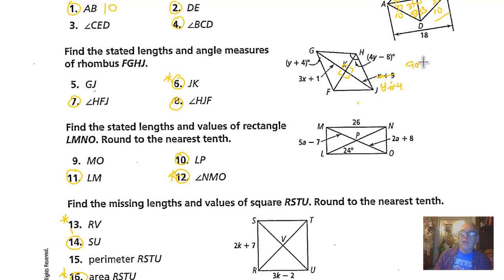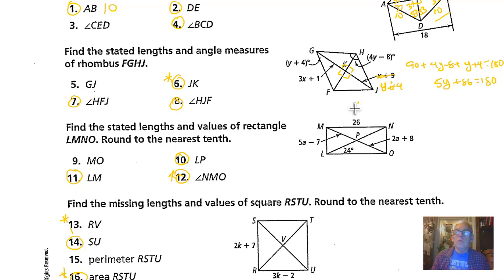So we could do 90 plus 4y minus 8 plus y plus 4 equals 180. So let's see, 4y plus y is 5y. 90 take away 8 is 82. Plus 4 is 86.